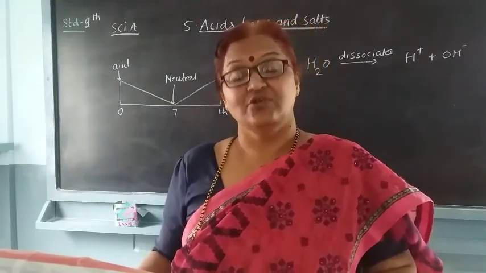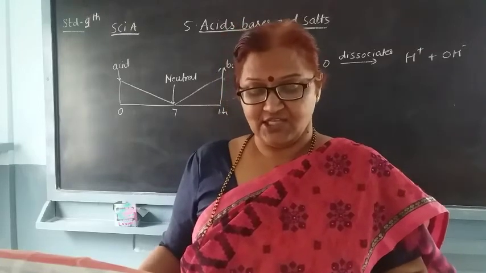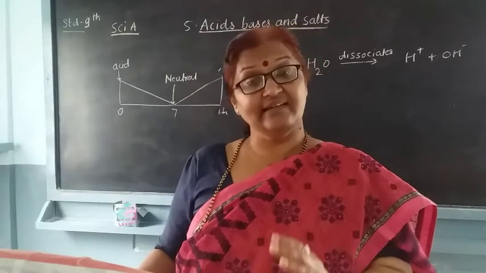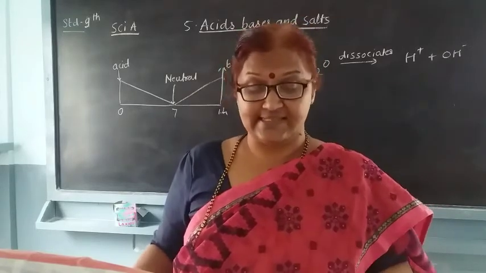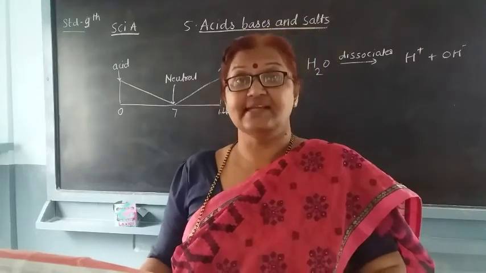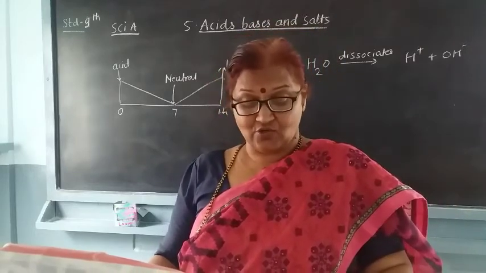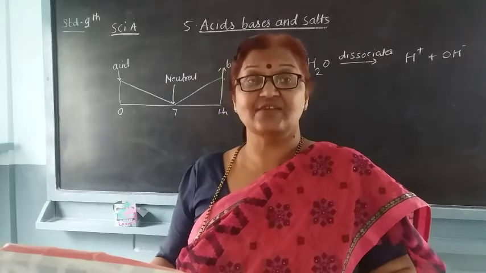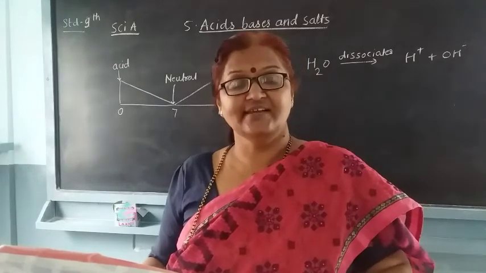So here the universal indicator is used. Universal indicator shows different colors for different pH values. A universal indicator is a mixture of several synthetic indicators in a specific proportion. How is this indicator formed?